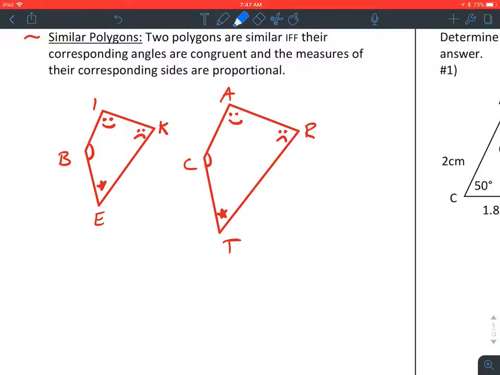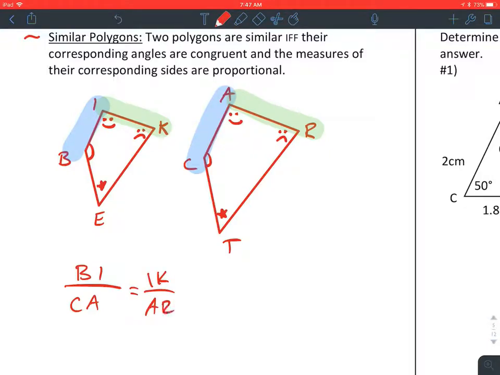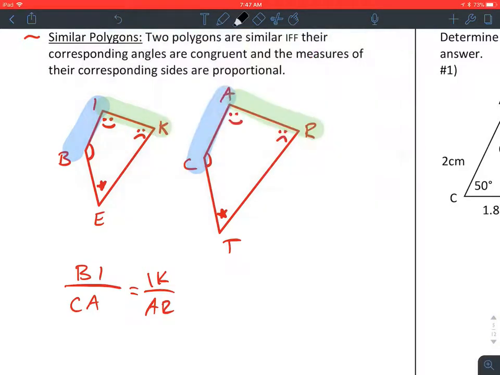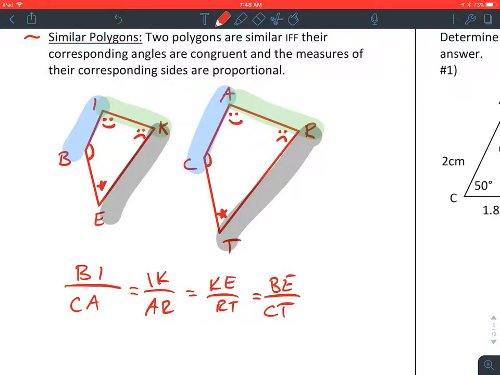Corresponding sides proportional would mean, like if you take BI and make a ratio with its corresponding side CA, whatever that ratio is, it's going to be the same as the ratio of IK to AR, which will be the same ratio as KE to RT, which will be the same ratio as BE to CT.